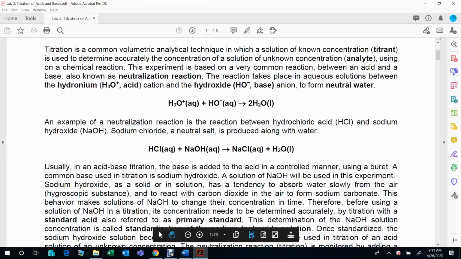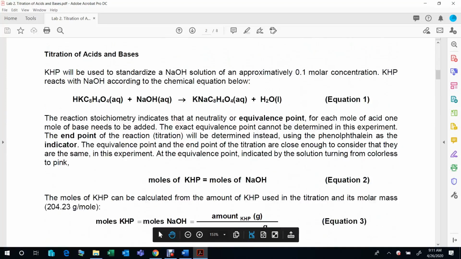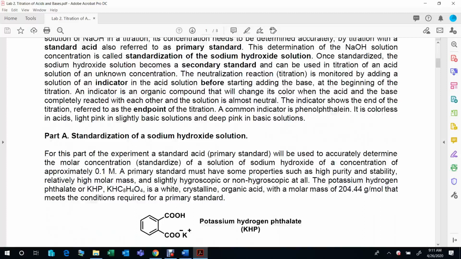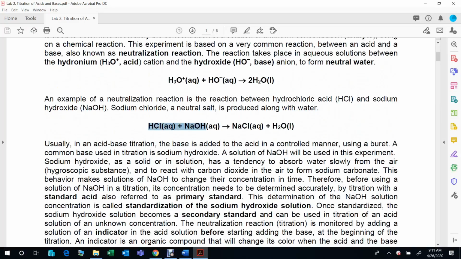Here we know the exact concentration of KHP, potassium salt, and then we can titrate to figure out the exact concentration of sodium hydroxide. After that, we can use another titration reaction to figure out the concentration of hydrogen chloride. Hydrogen chloride and sodium hydroxide also react with each other in a 1:1 ratio.